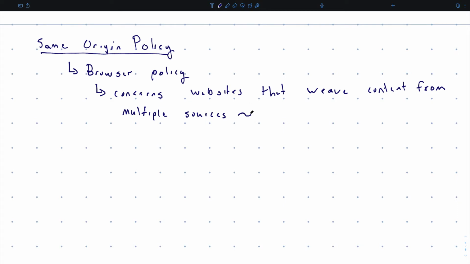Right, which is basically the case in the modern web. Almost all modern websites do this to some extent, even very simple pages. And it concerns basically how you are going to isolate, first off, who's responsible for what resources, and is there any isolation between them?